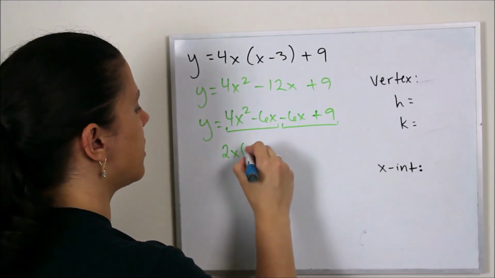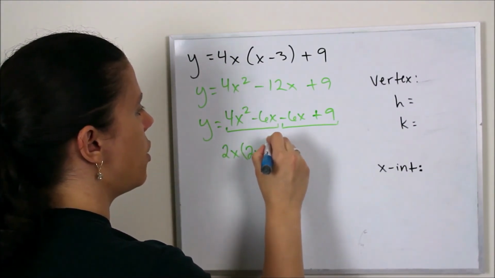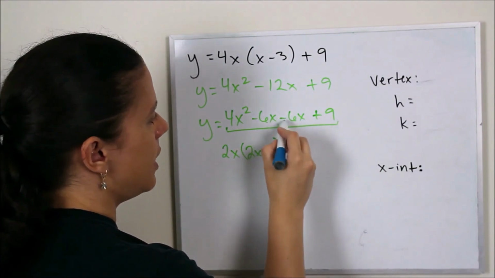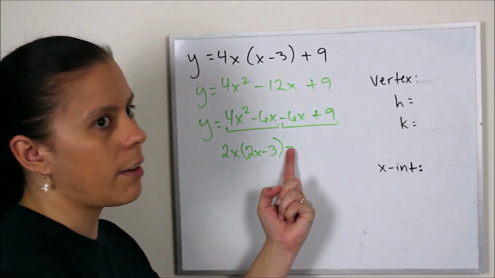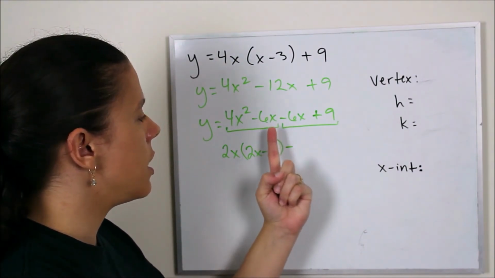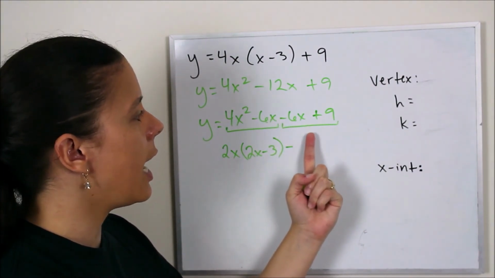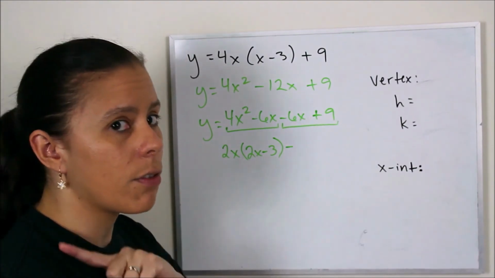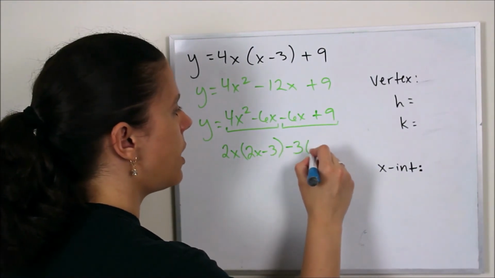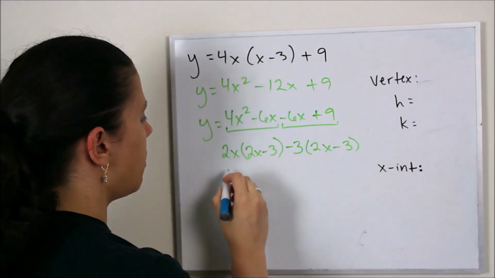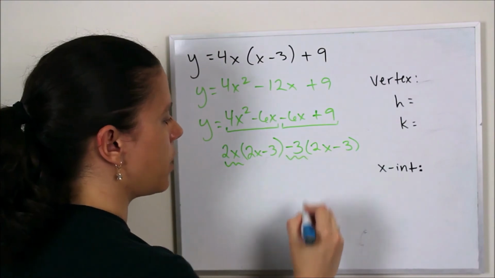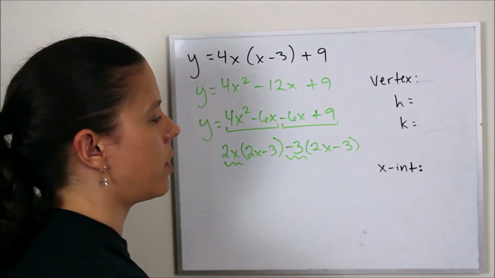So I bring it out, and that's going to leave me with 2x minus 3. And because this has a negative here, I have to start with a negative first, okay? So the common factor between negative 6x and 9 is going to be negative 3. So I bring out the negative 3 times 2x minus 3. And then what we're going to do is group together the ones that are outside, and put together the ones that are inside, right?